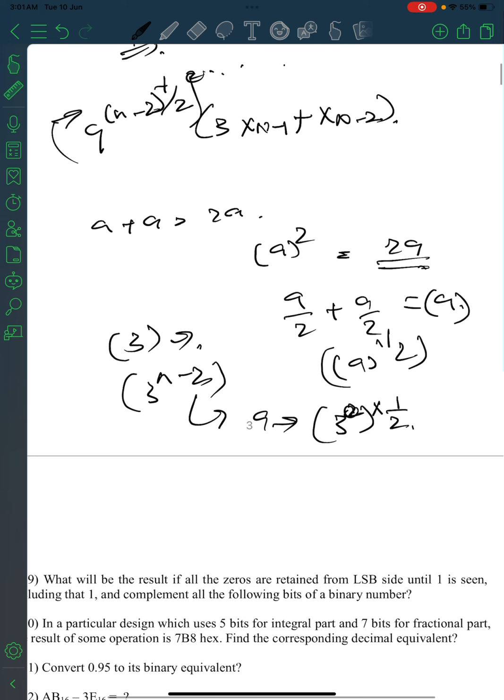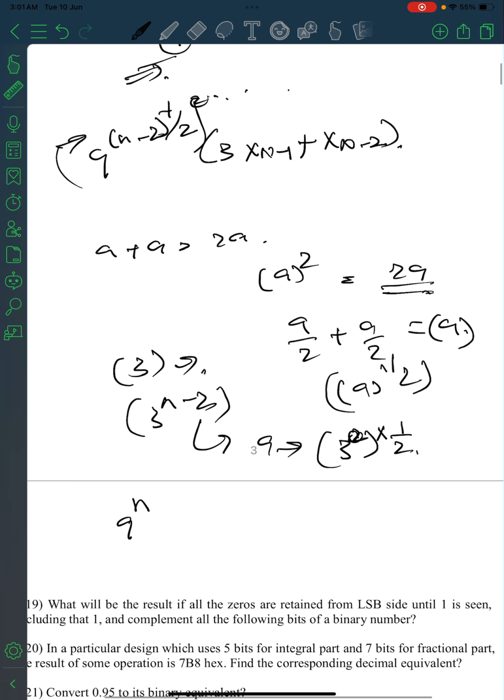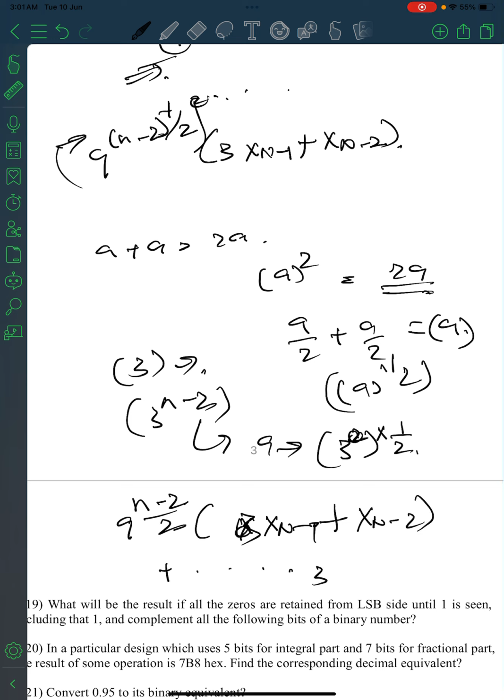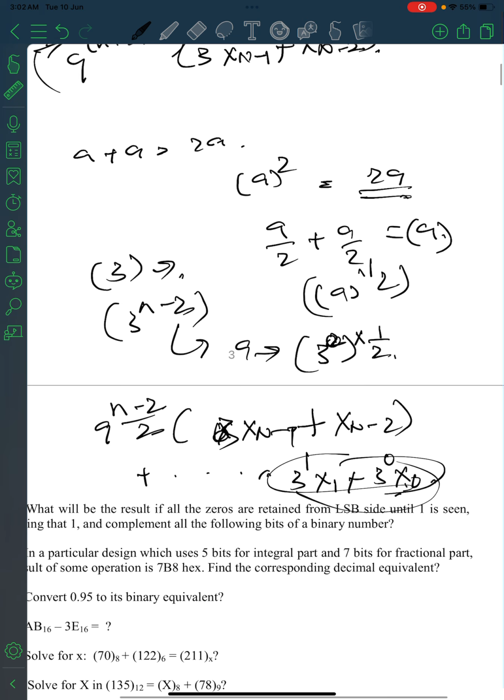That's what we did: 9 to the power of (n-2)/2 into 3 into x(n-1) plus x(n-2), and so on up to 3 to the power of 1 into x1 plus 3 to the power of 0 x0. Sorry, 9 to the power of 0.